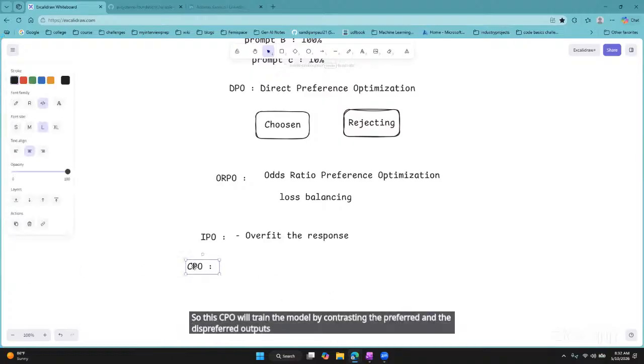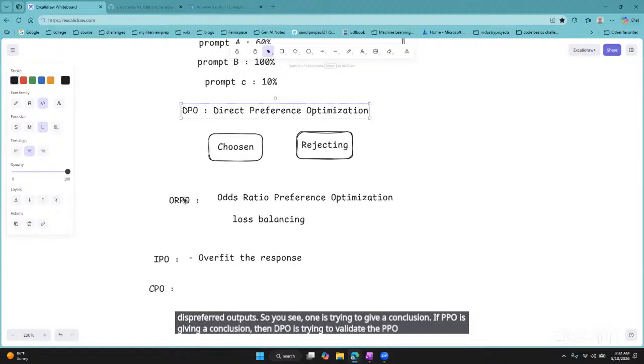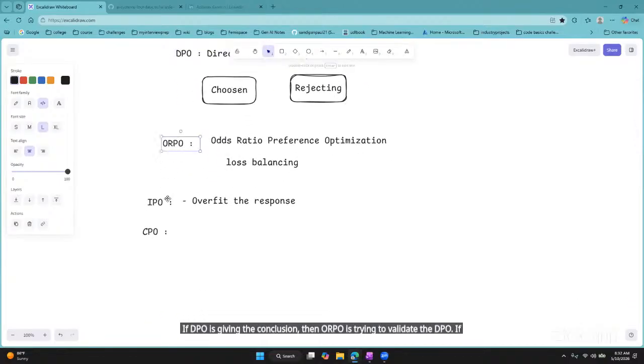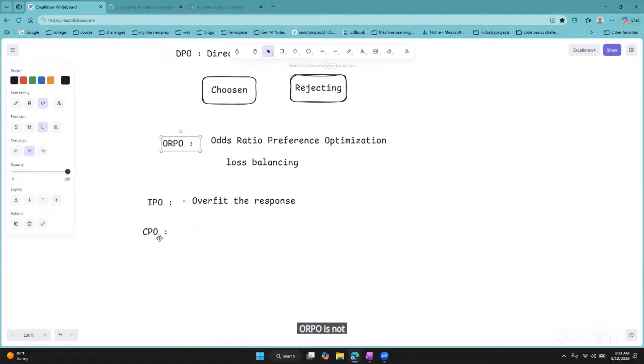So you see, one is trying to give a conclusion. If PPO is giving a conclusion, then DPO is trying to validate the PPO. If DPO is giving the conclusion, then ORPO is trying to validate the DPO. If ORPO is giving some conclusion, then IPO is trying to make sure that ORPO is not overfitting the responses.